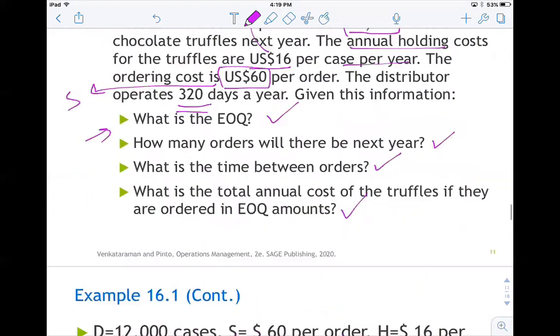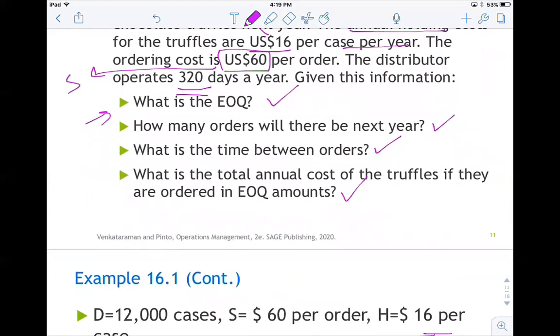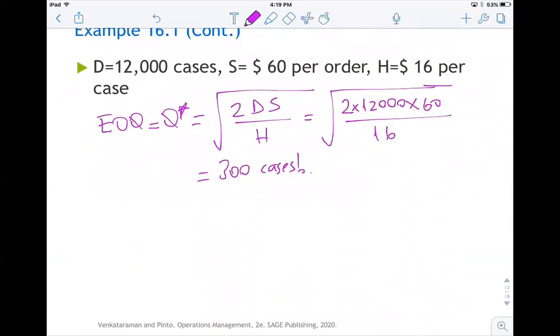All right, so let's go to the second question. It asks how many orders will there be next year? Well, the number of orders is going to be equal to D divided by Q star. Remember, D is our annual demand.